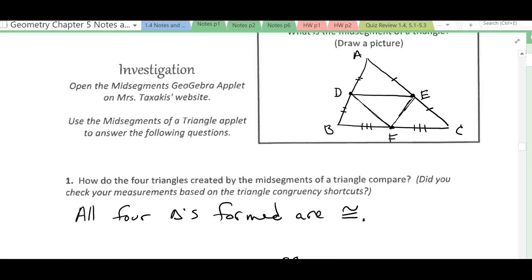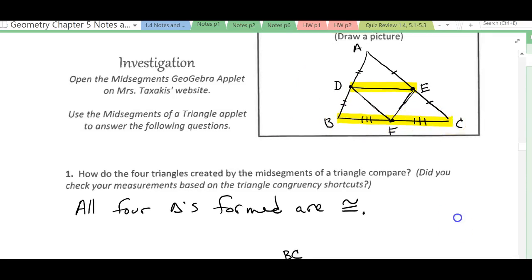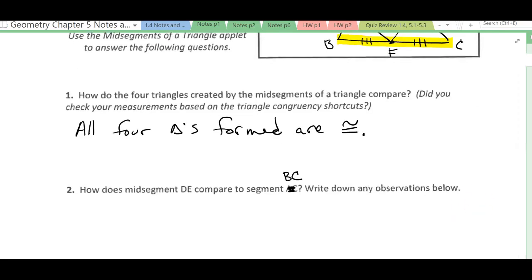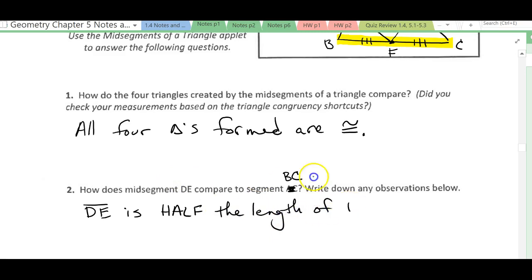All right, so if we were to measure DE and I was also to measure BC, we would notice that DE is half the length of BC. Segment DE is half the length of BC.